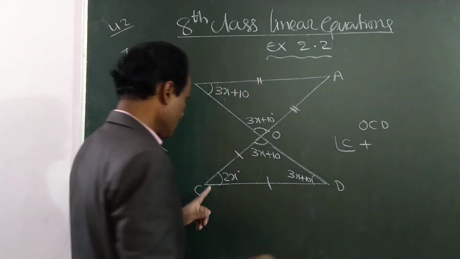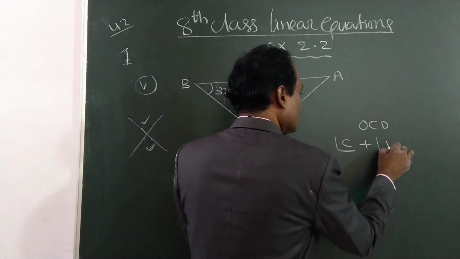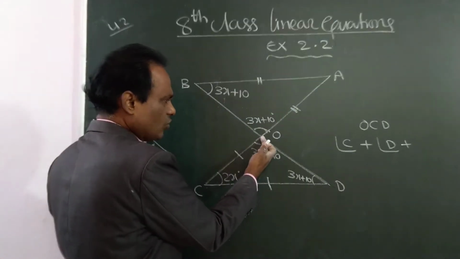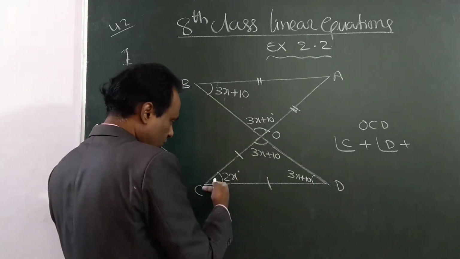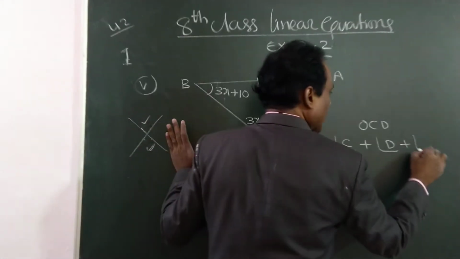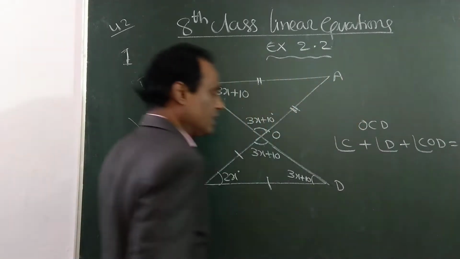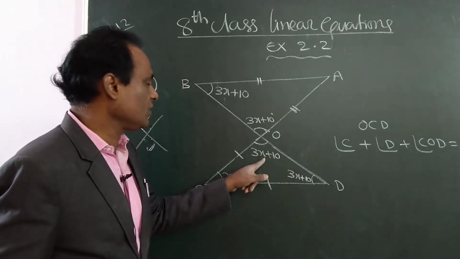Angle C plus this angle plus this angle. What is this angle? We can call it as COD. Sum of three angles in a triangle is 180 degrees.